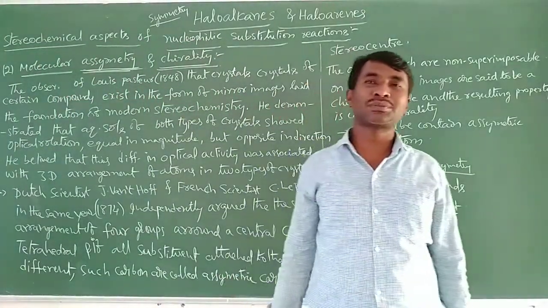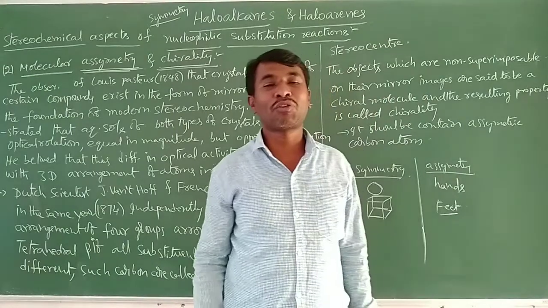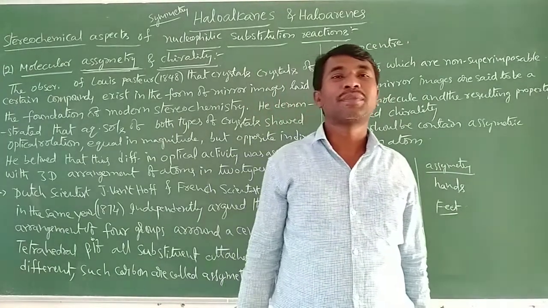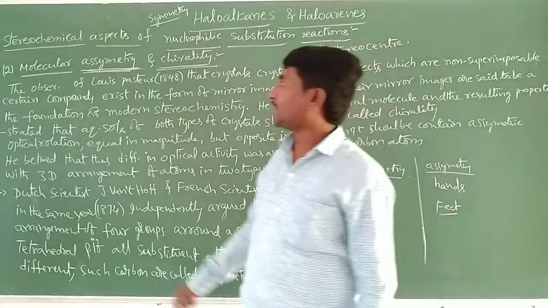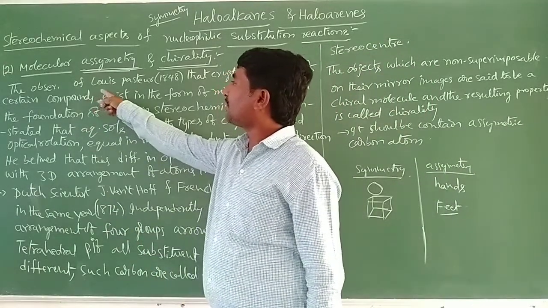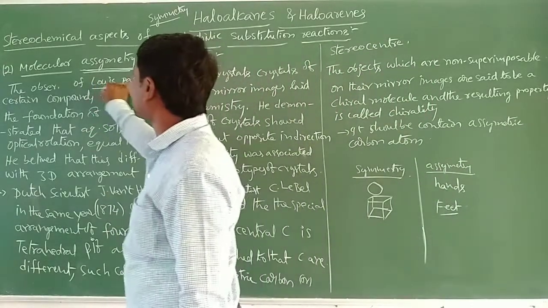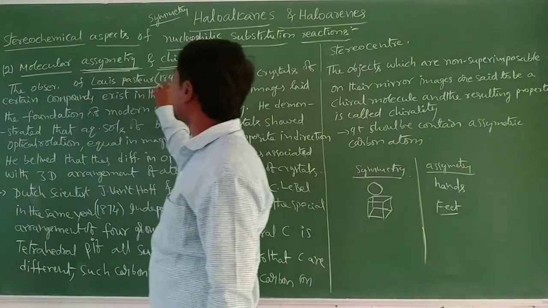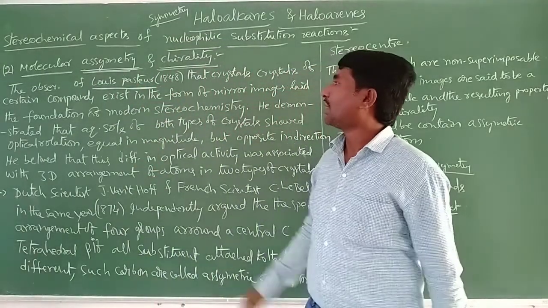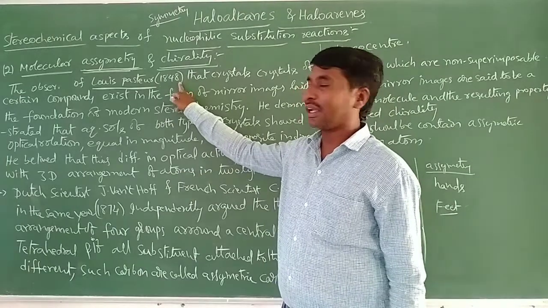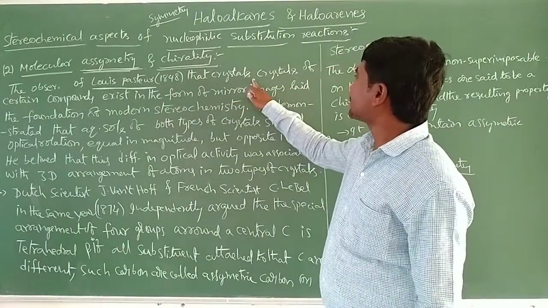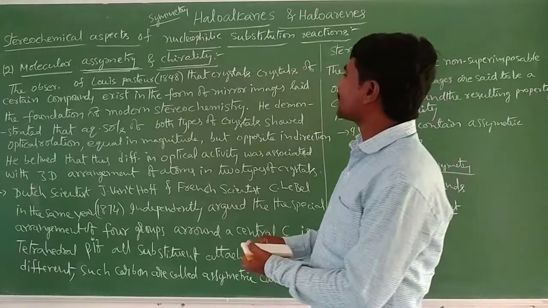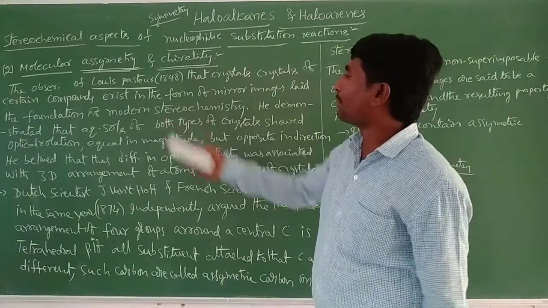Which scientist observed this, and according to them what is asymmetry, we'll know in this video. So here is the observation of Louis Pasteur. This is one of these scientists, and in 1848 he observed the crystals of a certain compound.